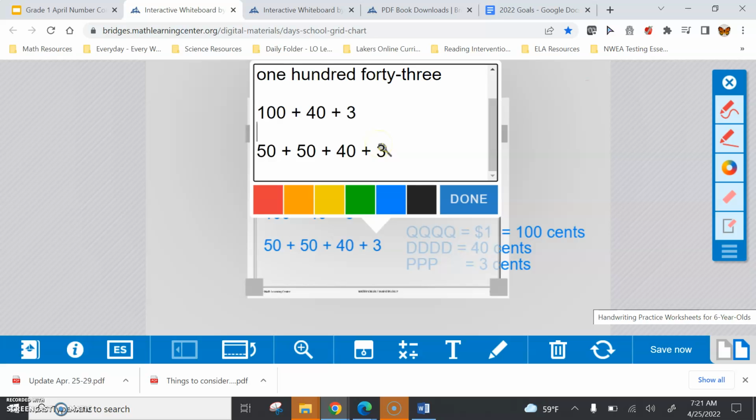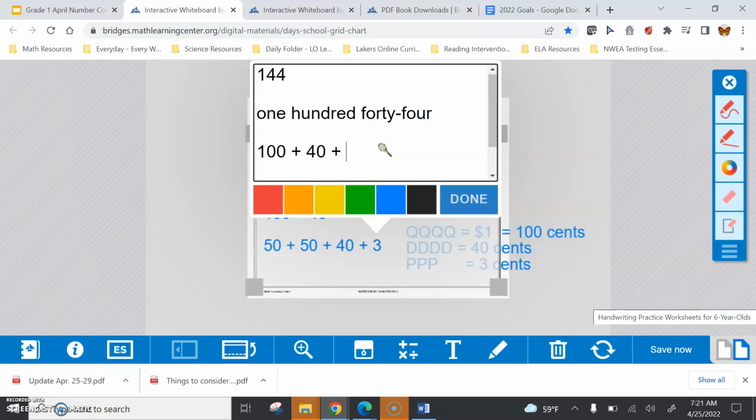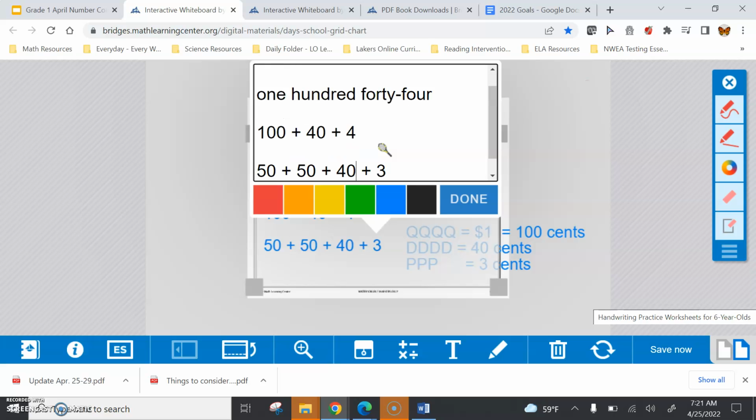And I'd like you to think of one math fact that you could prepare that would equal 144. There's a number word 144. It's 100 plus 40 plus 4. We have 50 plus 50 plus 40 plus 4.